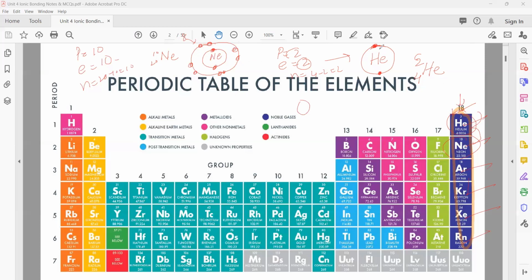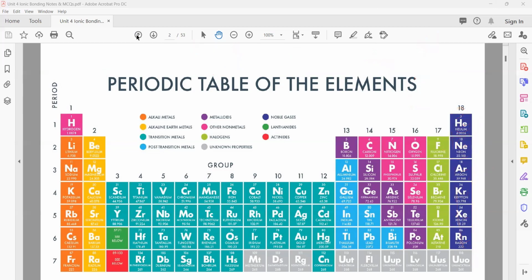If the last shell is complete for any element, it will not react with other elements. They are known as noble gases because they do not react. And why do they not react? Because their last shell is complete.